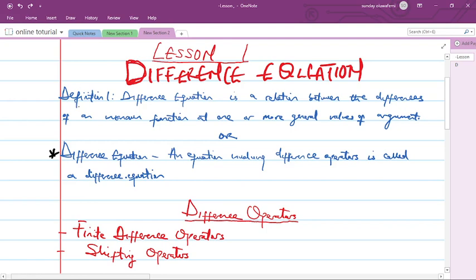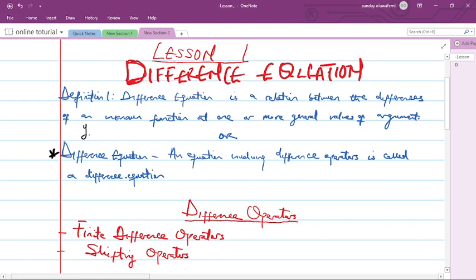Alright, difference equation definition. A difference equation is a relationship between the difference of an unknown function at one or more general values of argument. What we mean is that we have an unknown function at one or more general values of argument.